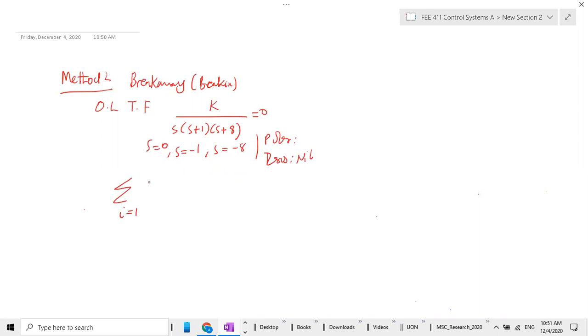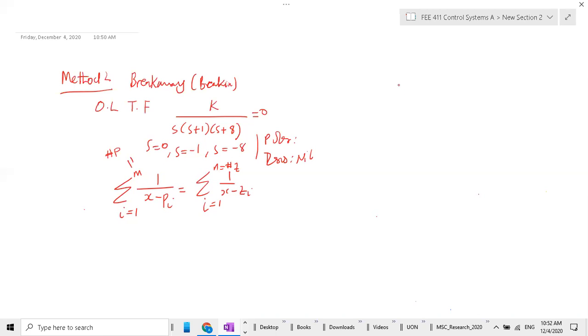Don't be alarmed. It's very simple. What it says, M is the number of poles and N is the number of zeros. We know how many poles we have: 1, 2, 3.